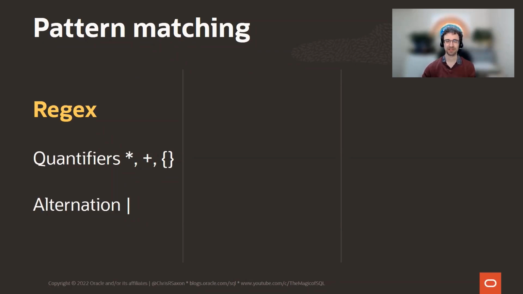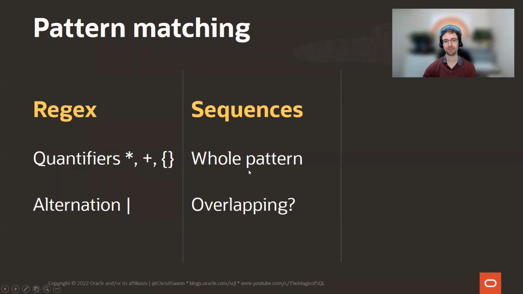I think there are a couple of others, and you've got parentheses as well, so you can prioritize and group things together. What this allows you to do is search for sequences of events or sequences of variables. The key thing is that it has to match the whole pattern. If it doesn't match the whole pattern, it's not included. So just watch for that.